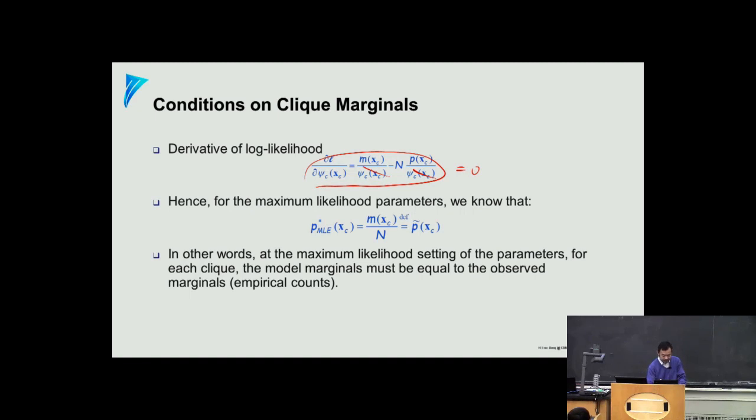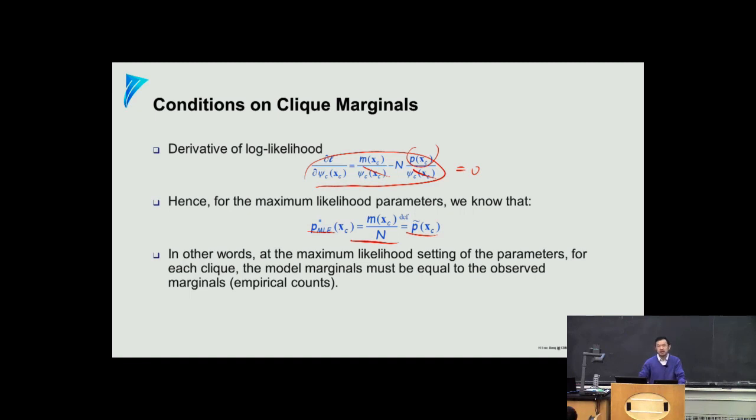The useful fact is that if you get the estimation right, your eventual P of xc, which is the marginal likelihood on a particular clique and on every clique, is going to satisfy some equality, which is that this equals this, which we call an empirical distribution. Basically, it's counts divided by total counts.